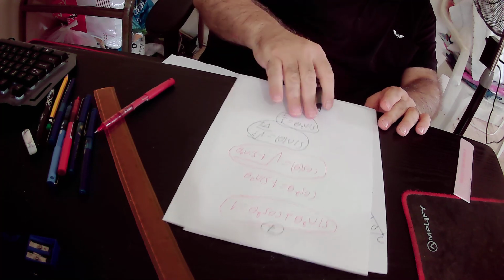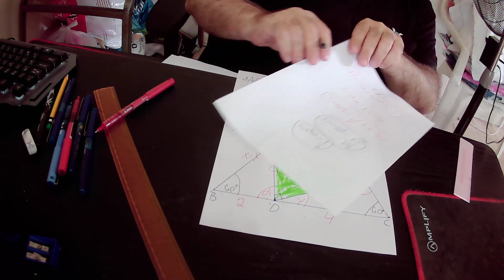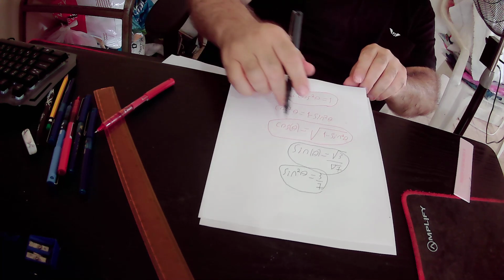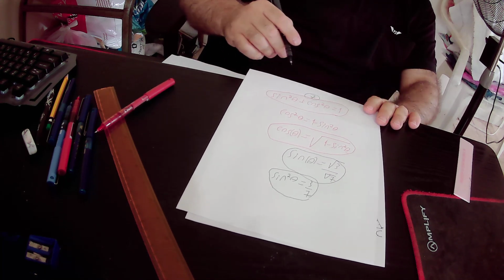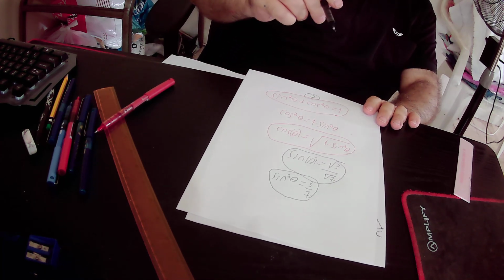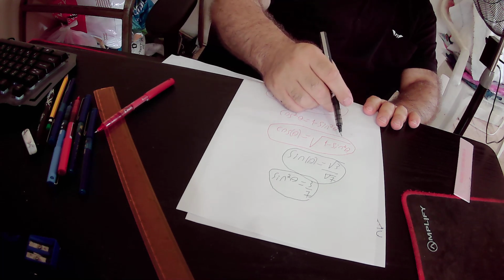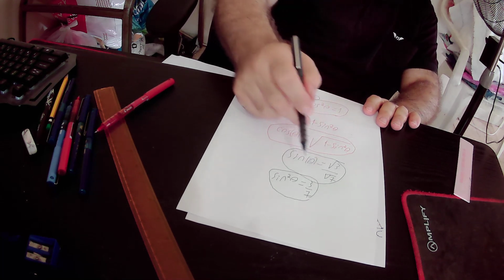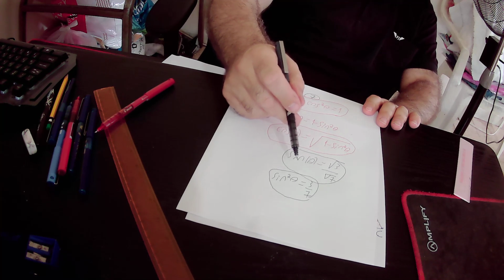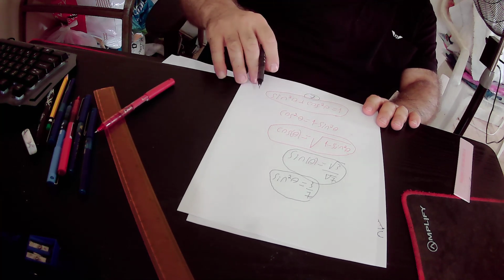Okay, so we got the value of sinus theta squared. So here we can substitute the value of sinus theta squared by 3/7.